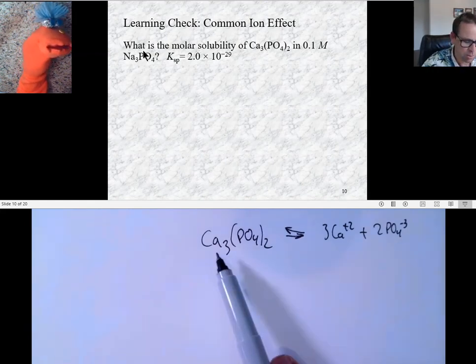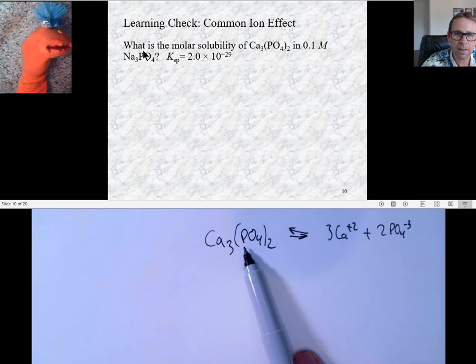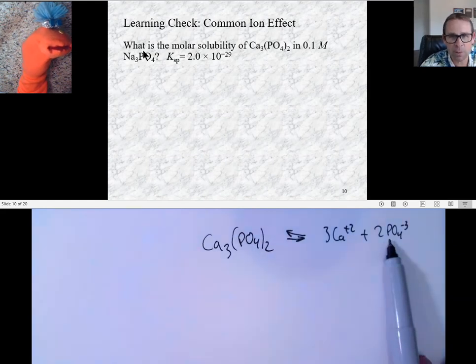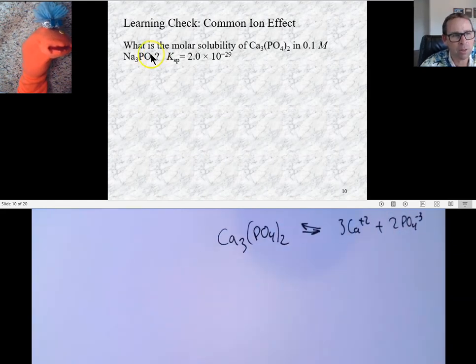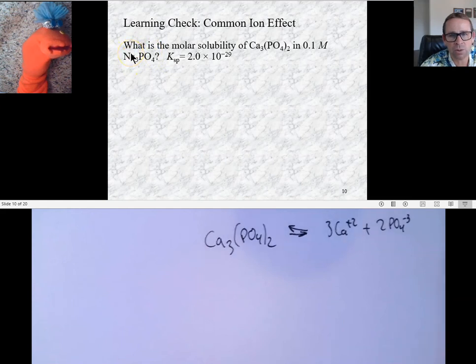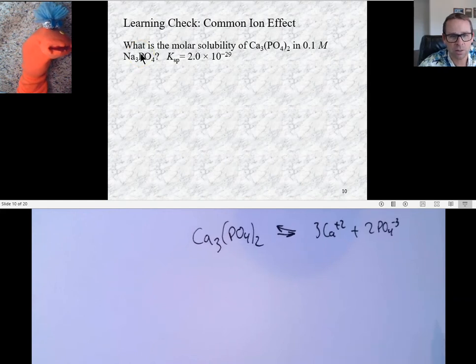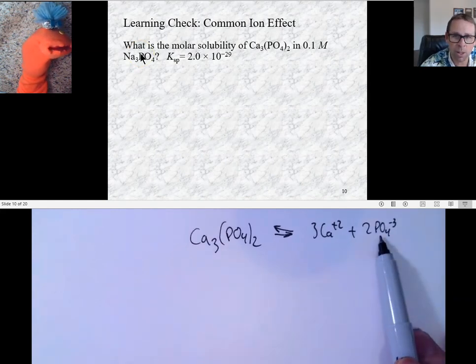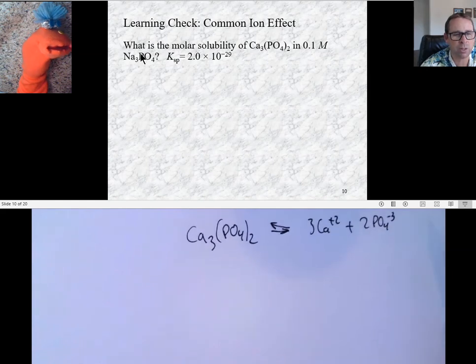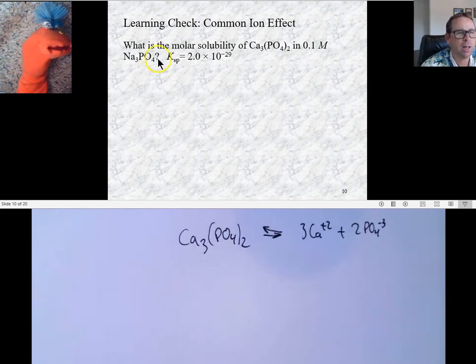So in other words, the ions that resulted when there was a dissociation is in common with the ion that was already in solution. And that's going to drive this reaction towards the reactant's side, because one of the products for this equilibrium is already in solution.